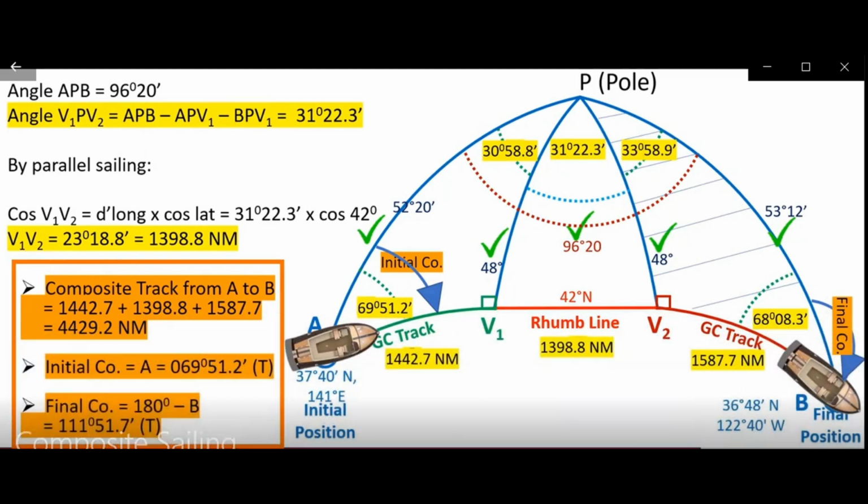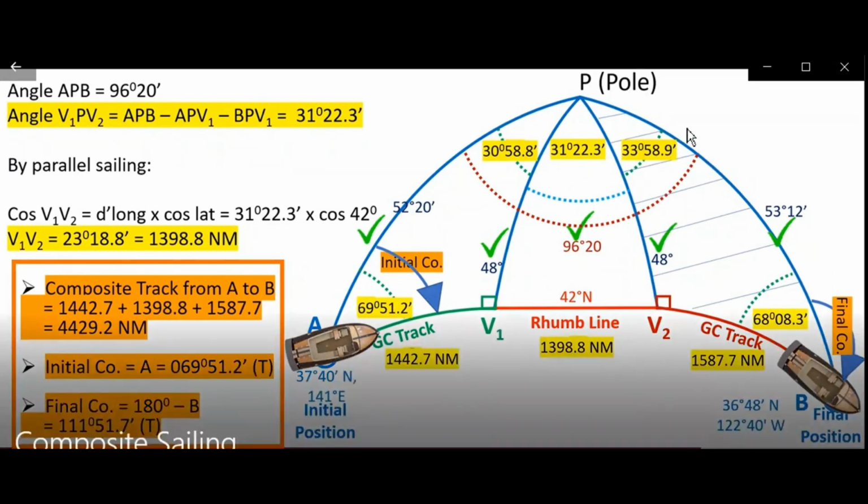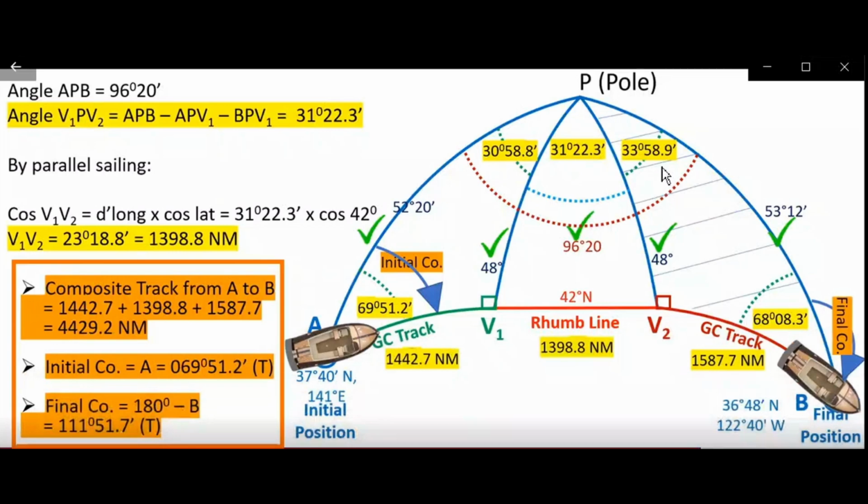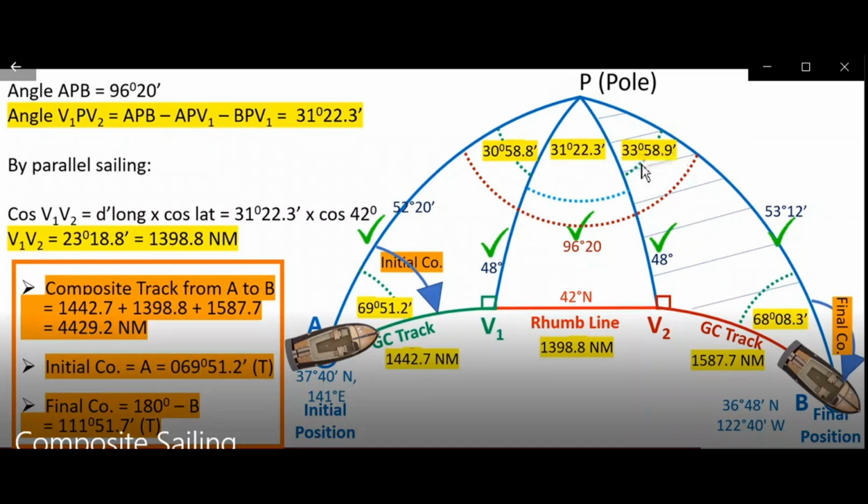Sir, go ahead, beta. Ask. Sir, the P3 value that is coming for me is 33 degrees 48, for this angle, V2 to B. 48.9? Yes sir, 48 is coming, 48.9. Okay, all right, so 33 degrees 48 minutes 51.96 seconds. Okay, beta. So there may be a mistake in this.